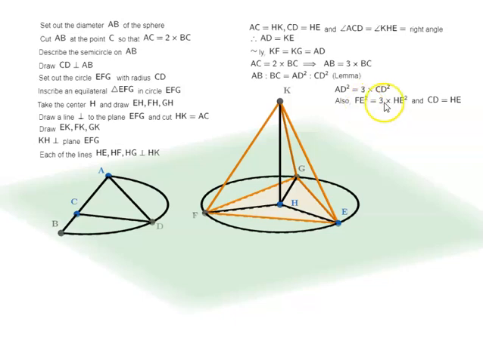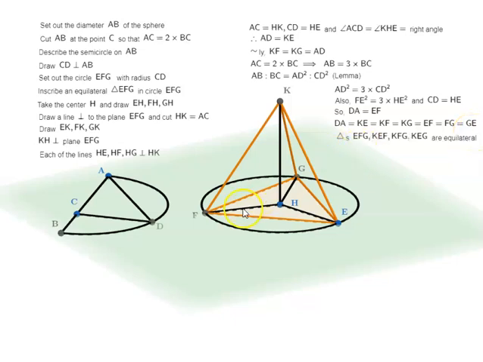Also, FE square is equal to 3 times HE square, since CD is equal to HE. So, DA is equal to EF. Which means DA is equal to KE is equal to KG is equal to KF is equal to EF is equal to FG is equal to GE.